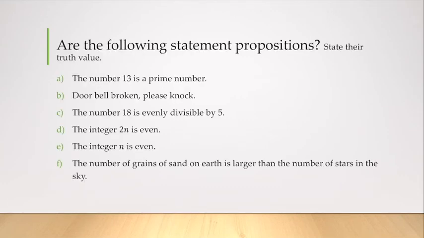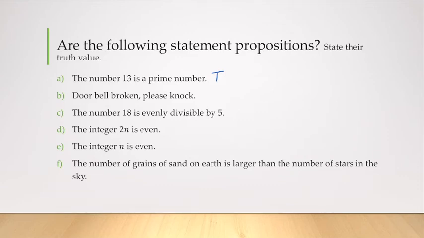So let's see if the following statements are propositions, and if they are propositions, I want you to state their truth value. So A is the number 13 is a prime number. Well, we know that to be true, and it's also a proposition. B, Doorbell broken, please knock.